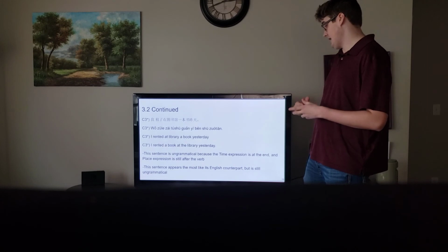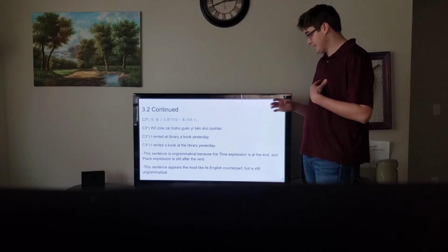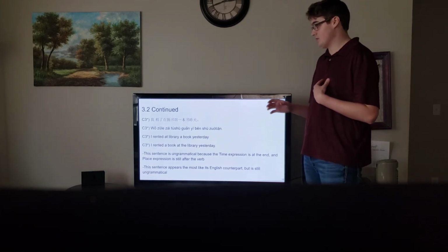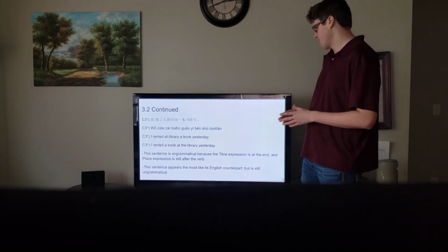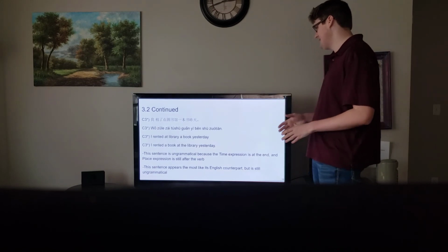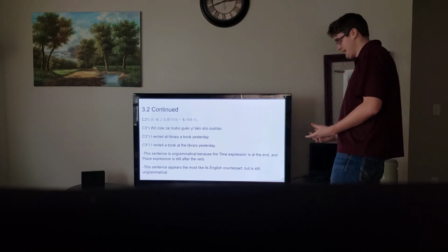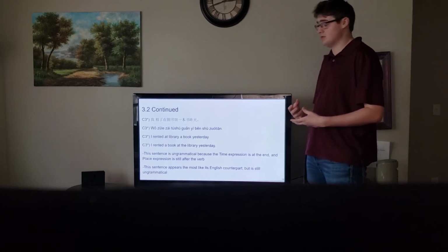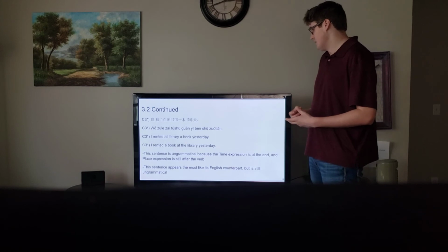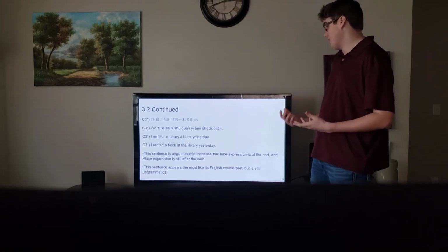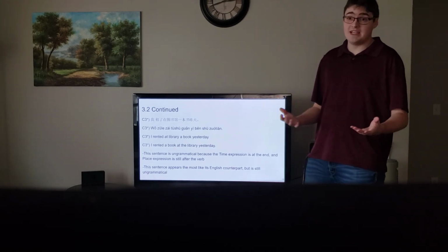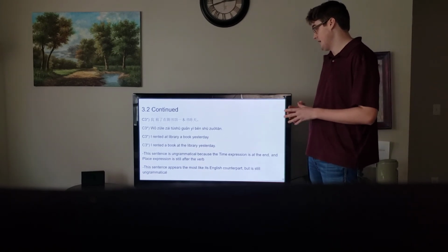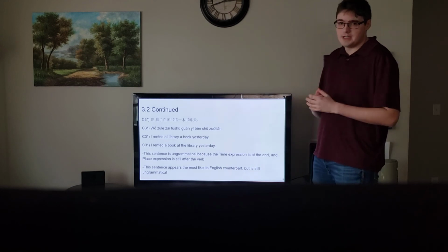This sentence, I would argue, appears the most like its English counterparts when directly translated, but is still ungrammatical. So, looking at I rented at library a book yesterday, we can see that that is very close to an English sentence. I rented at the library a book yesterday actually makes it grammatical, just adding one determiner in before the library.